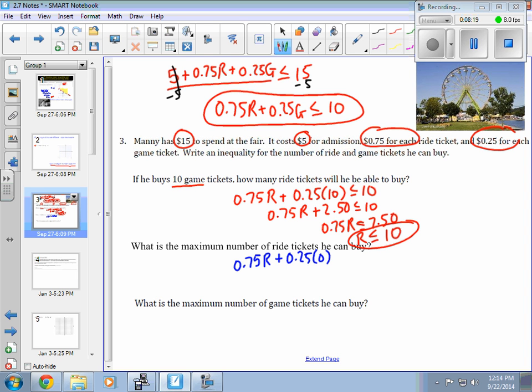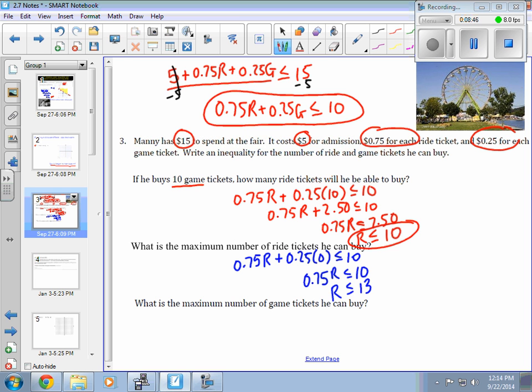That means all his money is going to be spent on the rides. So anything times 0 is 0. What we have now is that he has $10. Rides are 75 cents each. Doing a little dividing, we find, sorry, wrong variable. We find that his rides have to be less than or equal to, and this one doesn't come out to be nice.